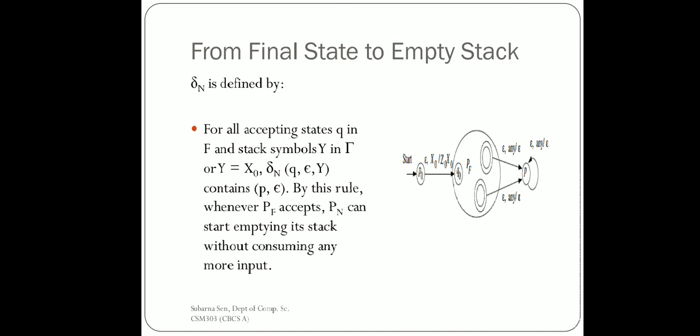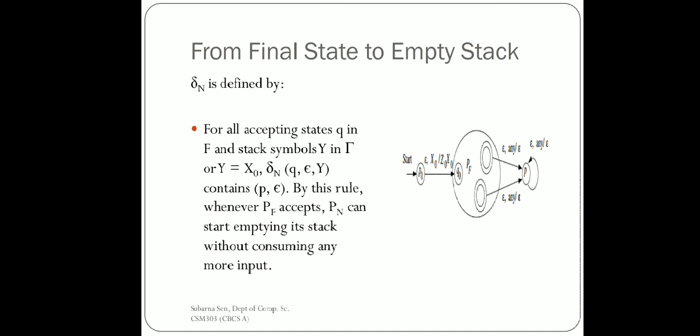So whenever we are in any of the accepting states of PF, we add an epsilon transition and move to the state P, and it will not consume any input because there is no input symbol remaining to be consumed. Everything has already been consumed by the machine, otherwise how would it reach the final state.